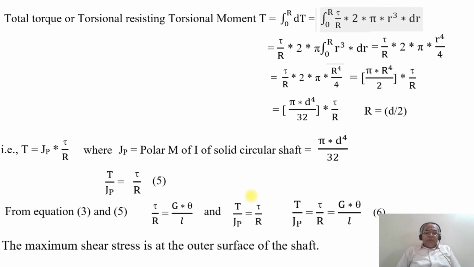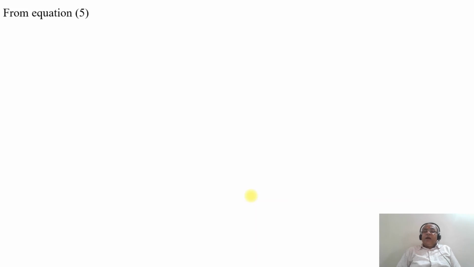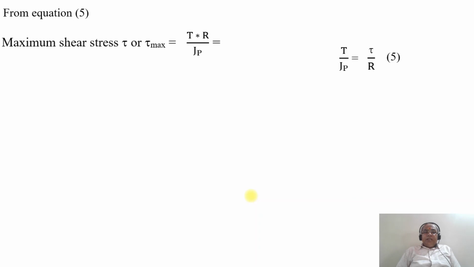Therefore, the maximum shear stress is the shear stress at the outer surface of the shaft. From equation 5, we have T by Jp is equal to tau by R. So the maximum shear stress, tau maximum, will be equal to T into R by Jp, which will be equal to capital T into d by 2 by pi d to the power of 4 by 32.